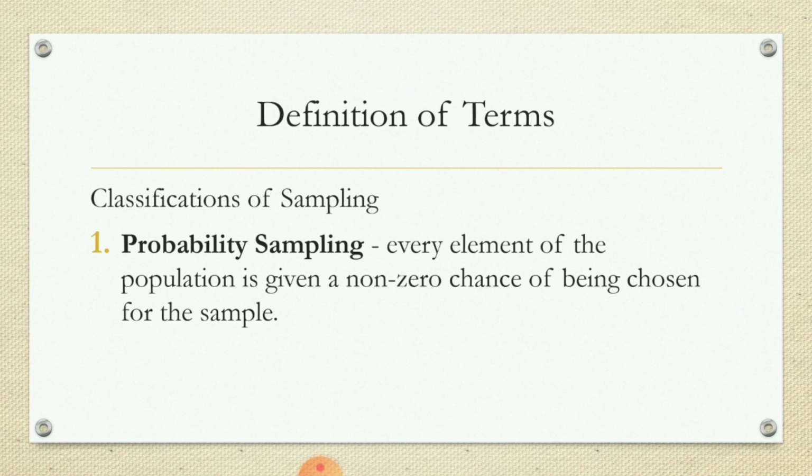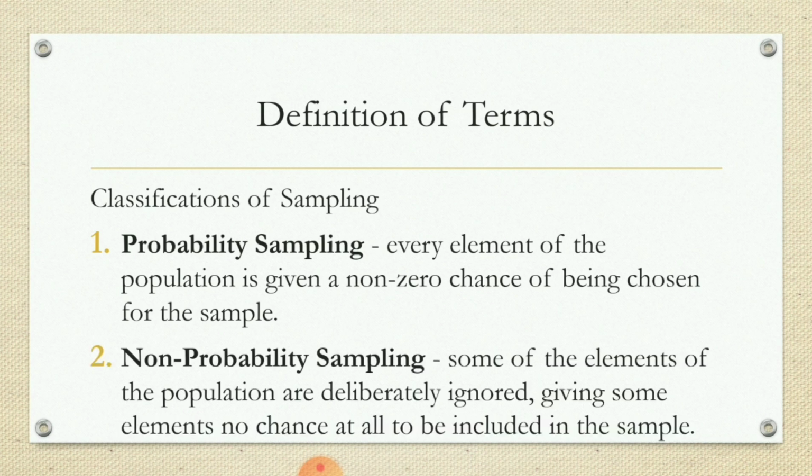Meaning to say, all the elements will have a chance to be chosen as a sample. Next is the non-probability sampling. Some of the elements of the population are deliberately ignored, giving some elements no chance at all to be included in the sample. In here, some of the elements will have no chance to be chosen as a sample.